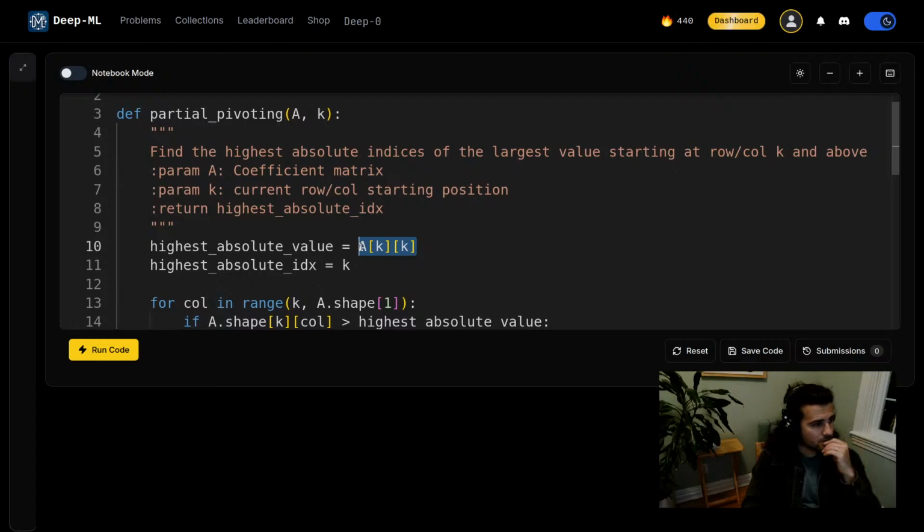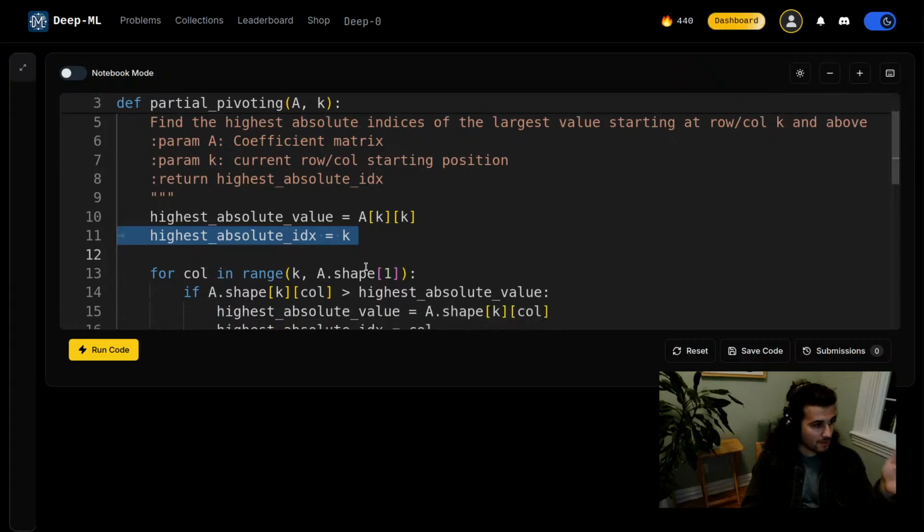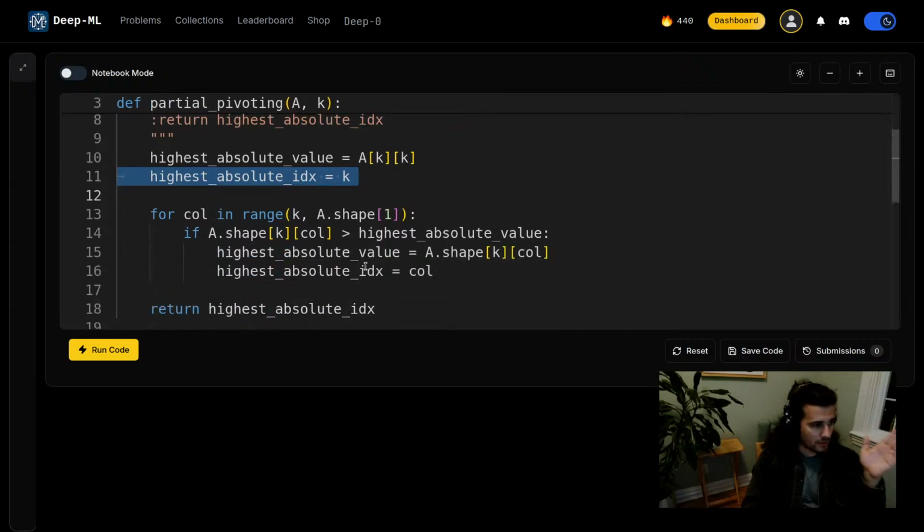So my IDX right now is at 0 or whatever, and then I'm gonna go from where I'm at until the end of the number of columns, and get that thing out at that k.